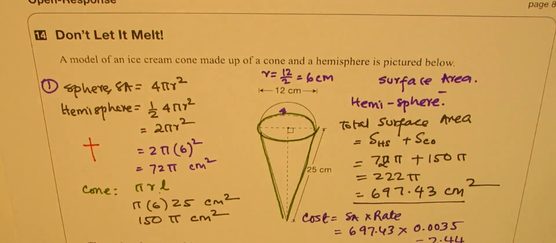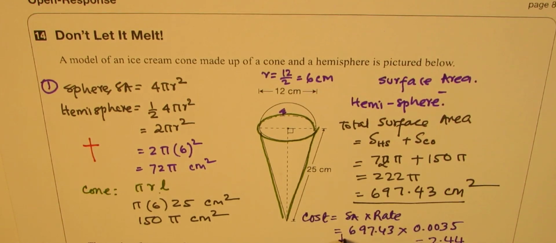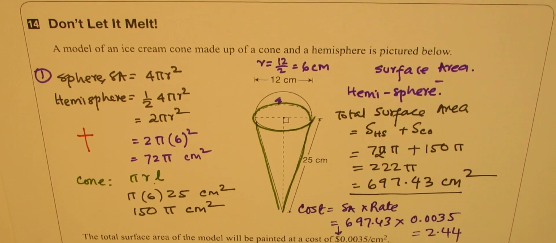So that is the cost. And the cost is in dollars, right? So mention dollars here. So determine the total cost of painting the model. We have total cost equal to, in dollars, $2.44. Is that clear? So that is how you're going to answer this question.